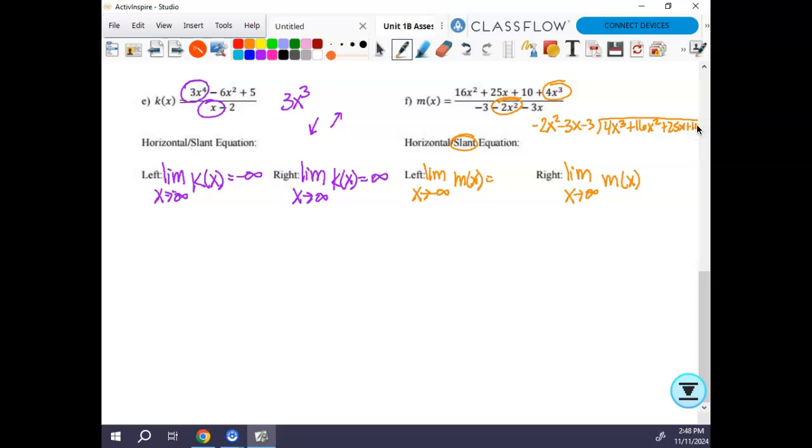All right, so 4x cubed divided by negative 2x squared is going to give me a negative 2x. Multiply that back, get 4x cubed plus 6x squared plus 6x. Change the signs.